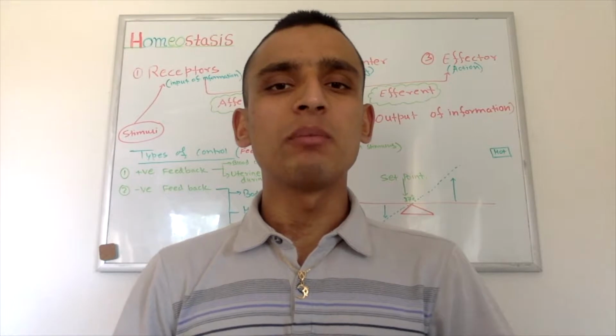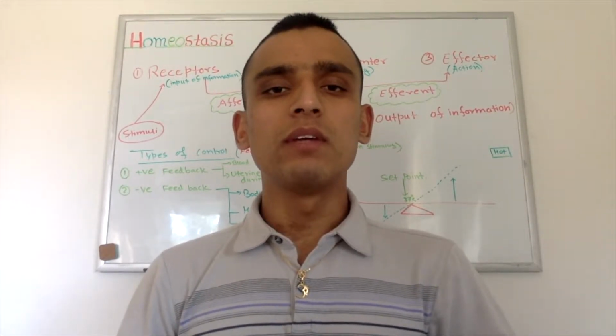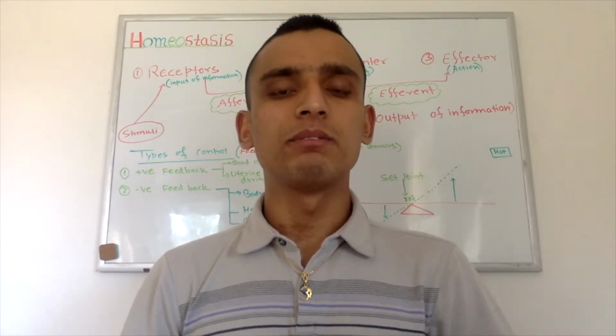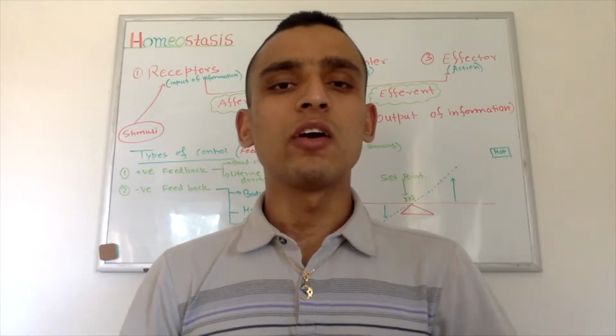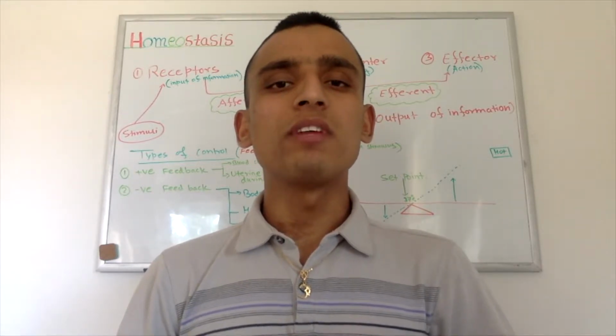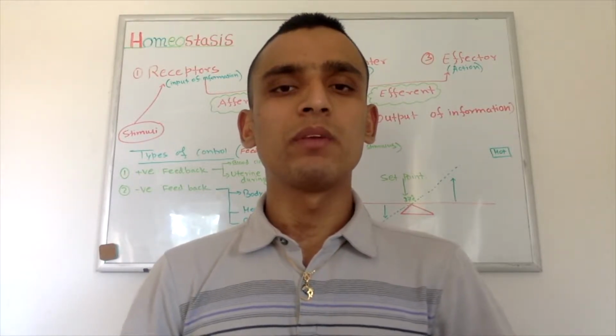Ions like calcium, potassium, and sodium play a vital role at the molecular level to maintain your homeostatic balance. The homeostatic control can be achieved in two ways: positive feedback control and negative feedback control.